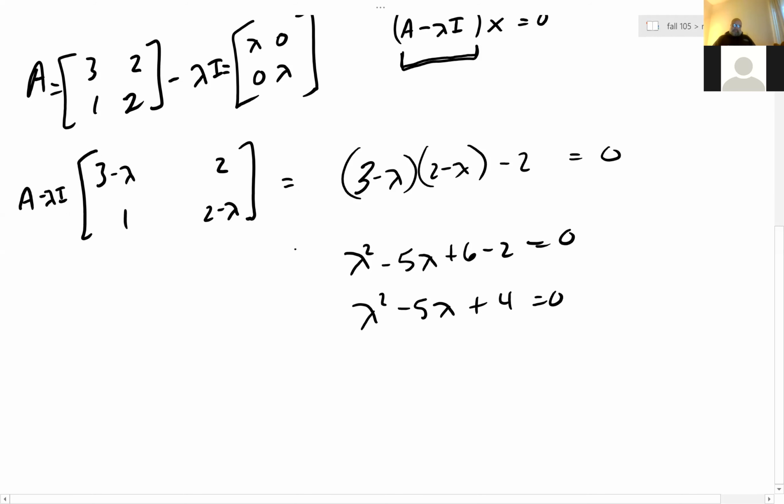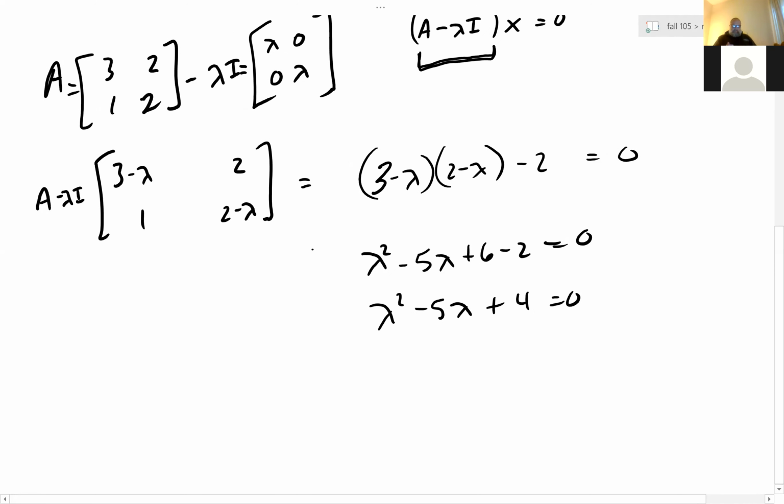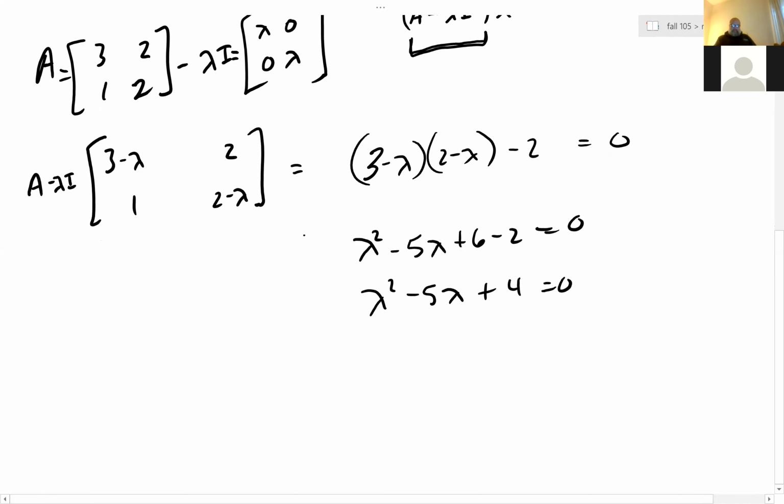Now, not surprisingly, because this is a 2 by 2, there's going to be 2 answers, and you get a quadratic out of it. So it factors, obviously. Nice. And so our eigenvalues are 1 and 4, in no particular order.